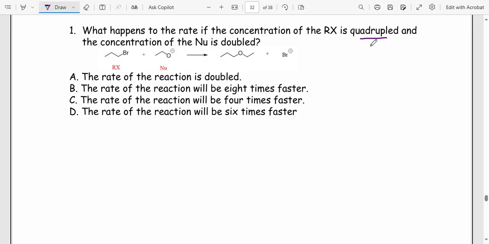So RX is quadrupled, that is 4, and then the nucleophile is doubled. That's true, assuming this is an SN2 reaction. Because if it was an SN1 reaction, the rate would have just doubled.